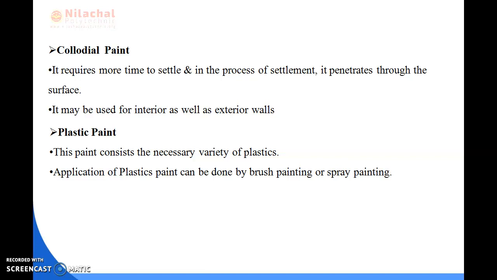And the last one is plastic paint. This paint contains the necessary varieties of plastics and application of plastic paint can be done by brush painting or spray painting. You can see the painting being done by brush painting, or in the spray painting the paint has been done.